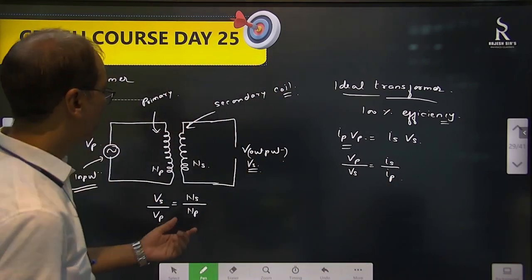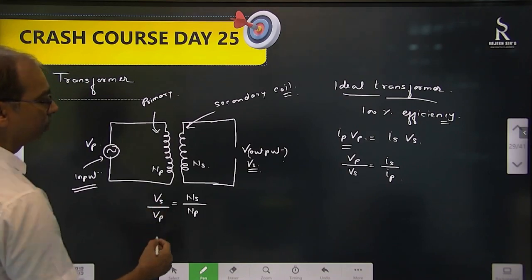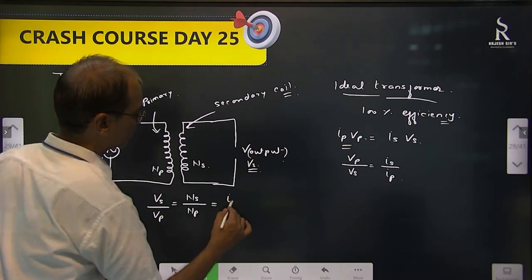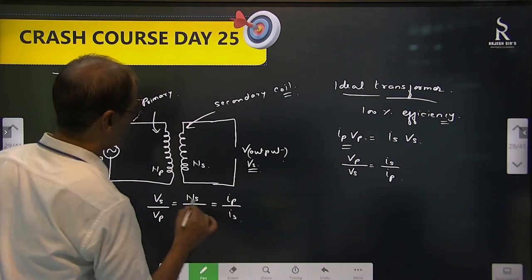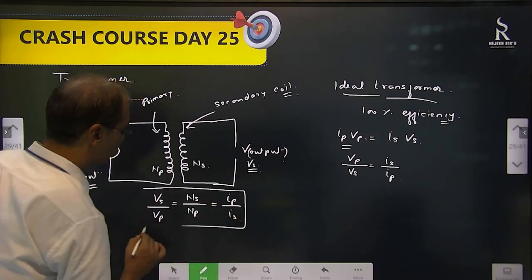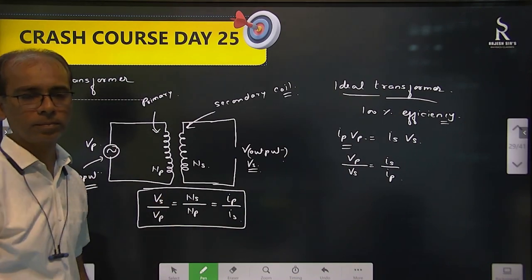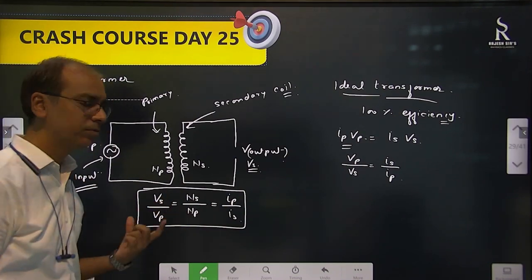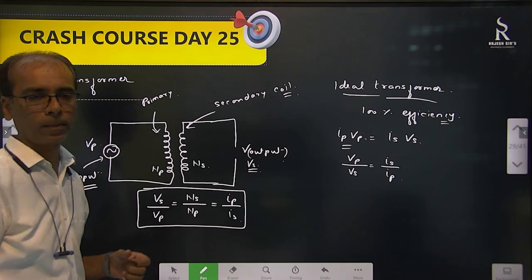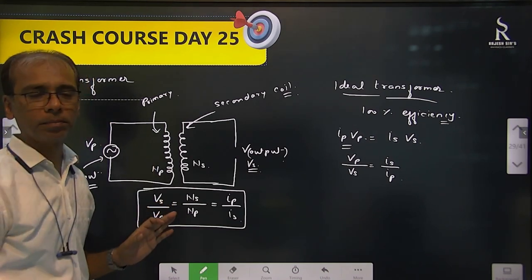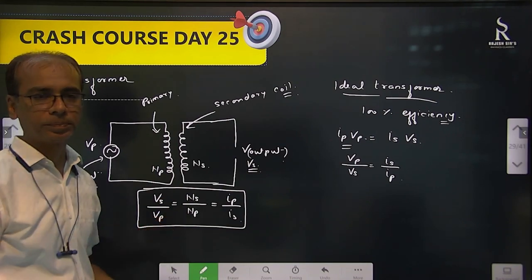So Vs by Vp will be Ip by Is. This is the relation we should remember as far as the transformer is concerned. This relation comes from where? As I told you, flux. Flux linked with each turn is the same.